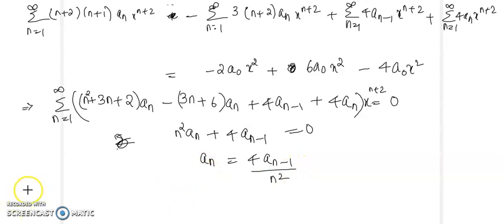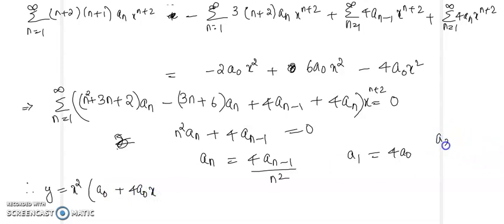Therefore now y will be x square into a naught, then a1 will be minus 4 a naught, so minus 4 a naught x.